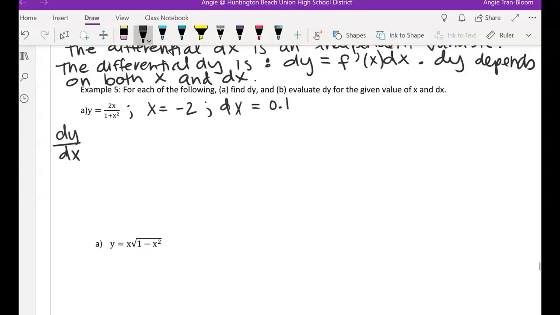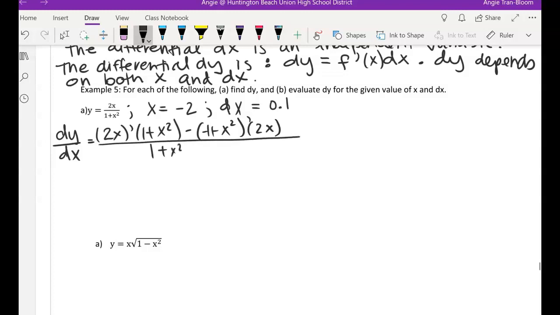Okay, so dy over dx is, let's use the quotient rule. That means u prime times v minus v prime times u, all over 1 plus x squared, squared. With that said, we are going to have 2 times 1 plus x squared minus, this is supposed to be 1 plus.